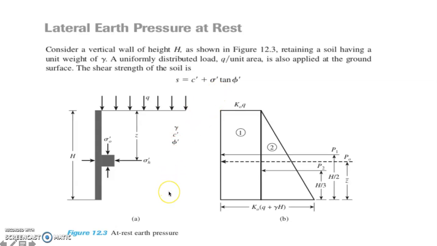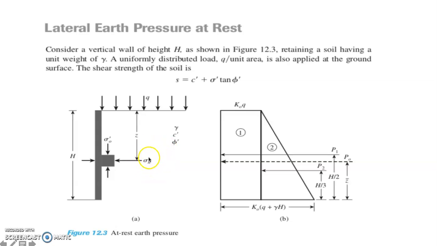You're going to compute the vertical stress at the different depths identified. After you have computed the vertical stress, you can compute now the horizontal pressure, which is our lateral earth pressure.